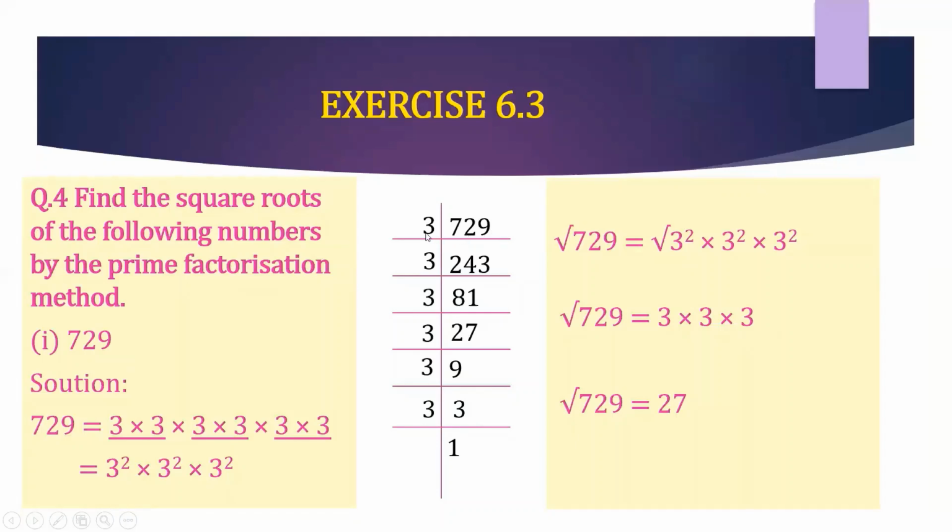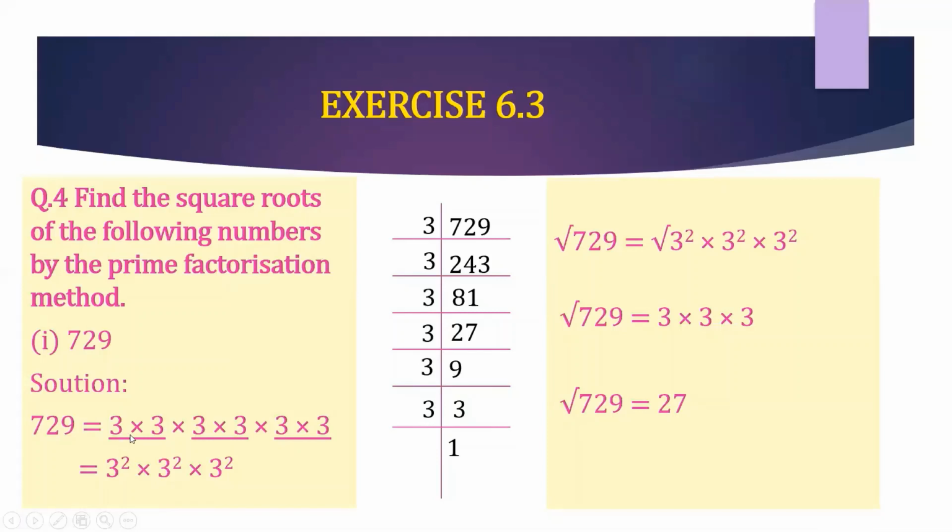So starting with 3, we'll have 3 into 243, that is 729. Then again 81 threes are 243. Then 27 threes are 81. Then 9 threes are 27. 3 threes are 9, and 3 ones are 3. So these are the prime factors.